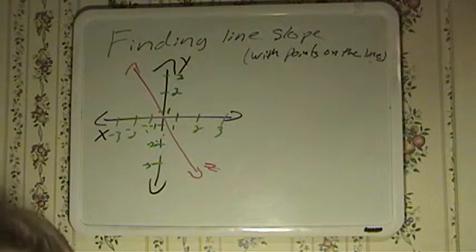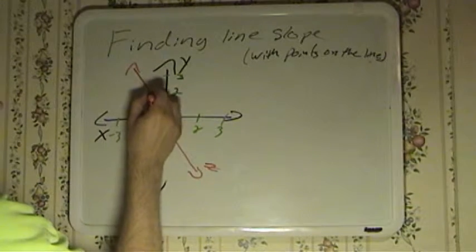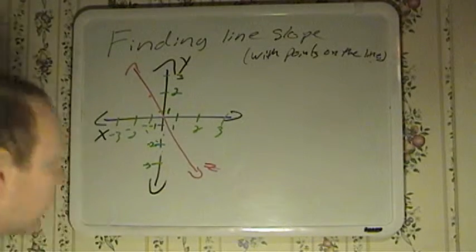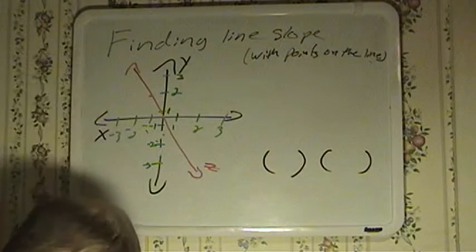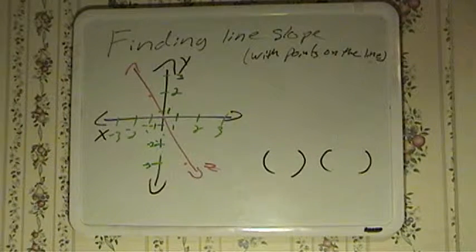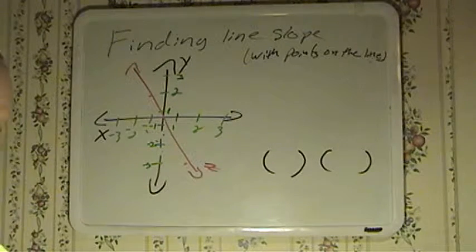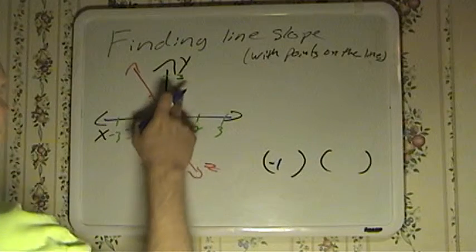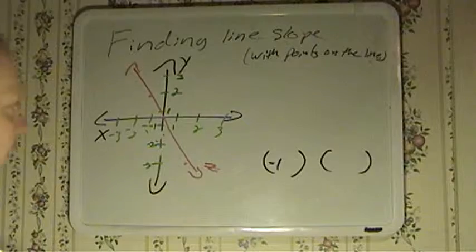So now we're going to grab a couple of points on line Z. I'm going to take this point right here. That's going to give us one point, and I'm going to pick another point right there. Now let's see what we get this time. So this point is -1, as we came up from the x-axis, and +2 as we come over from the y-axis.